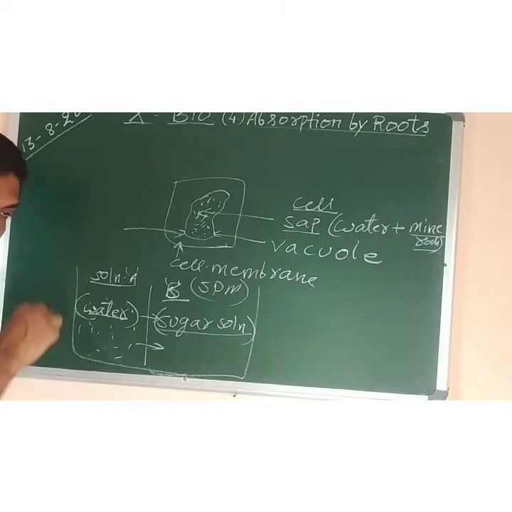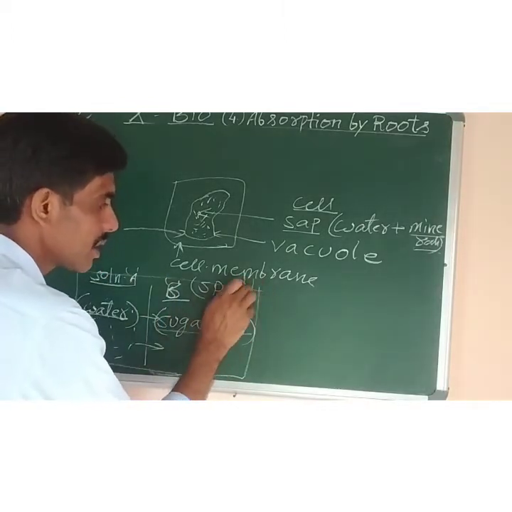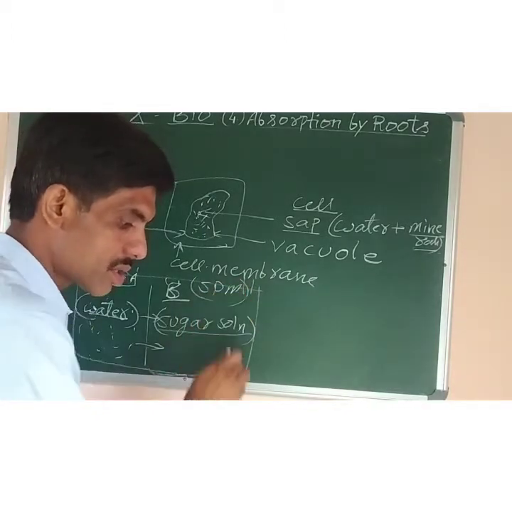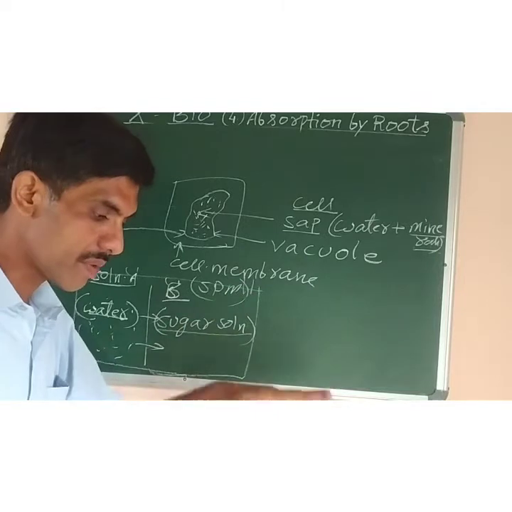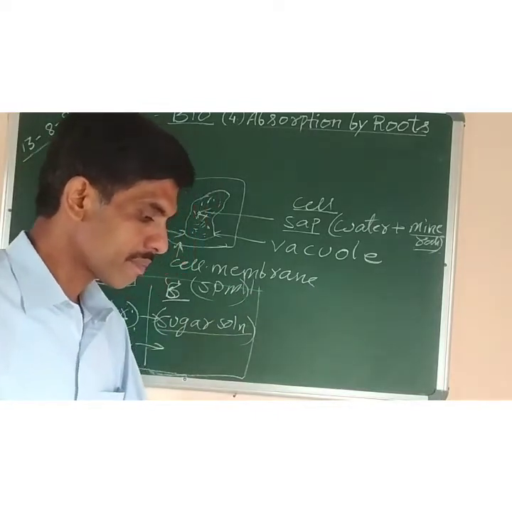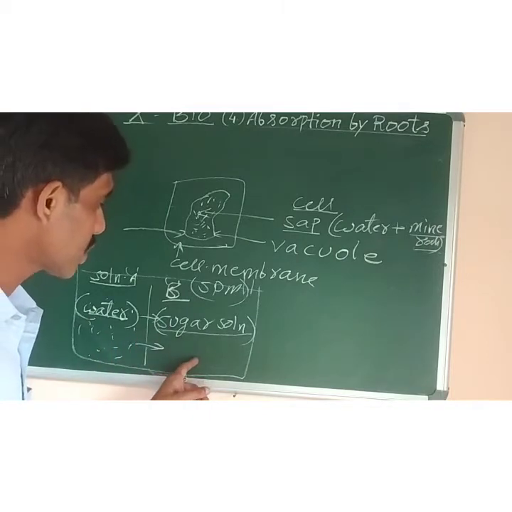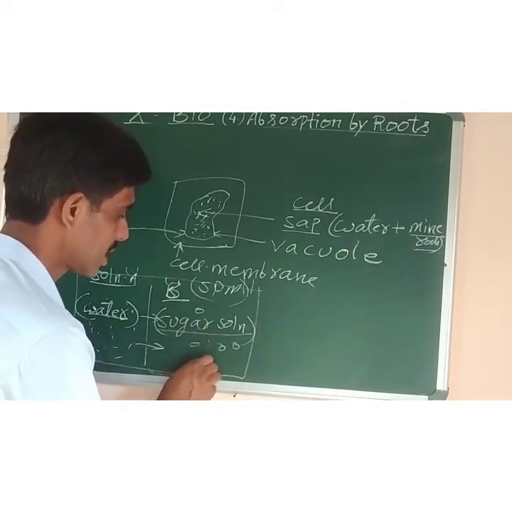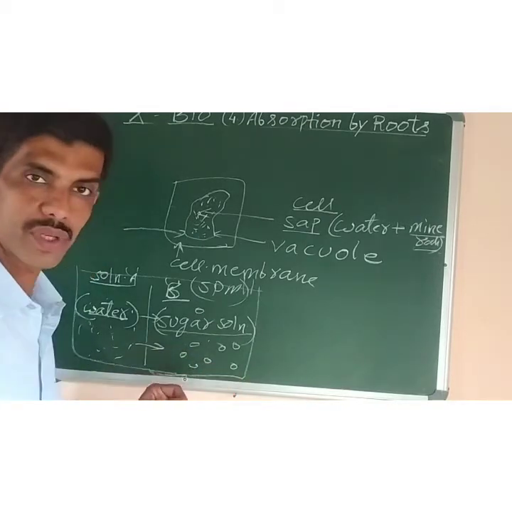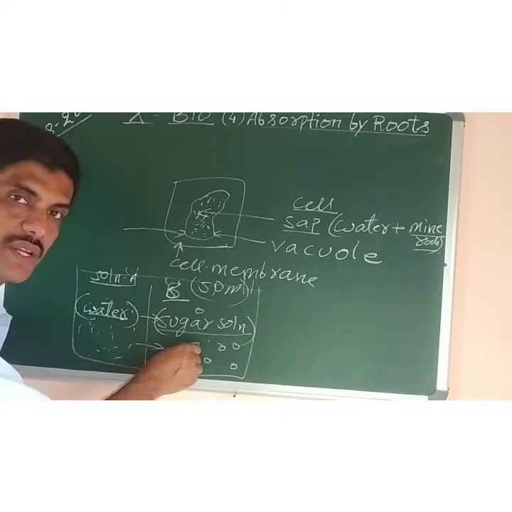Okay. Now what is osmotic pressure? If we apply what we call a piston, meaning a pressure valve, there will be pressure. So water molecules will diffuse from higher concentration to lower concentration. Here sugar solutions are there. Now water molecules will keep on moving from higher to lower concentration.